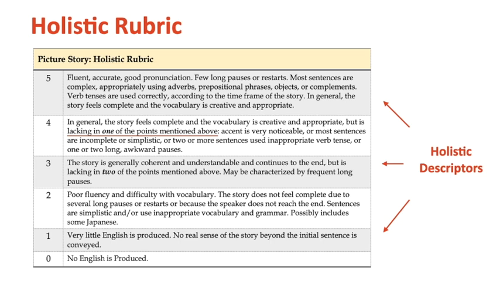Even with training, discussion, and practice, some teachers will still tend to apply their own criteria if they only need to decide a single score. It is much more difficult for teachers to do that with an analytic rubric. However, holistic rubrics can be quite practical for tasks such as picture stories.